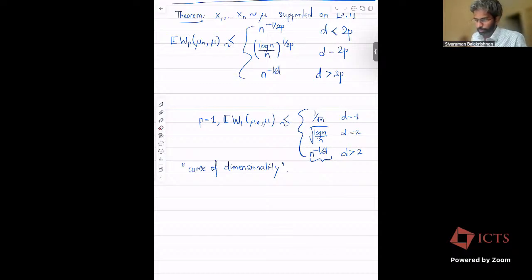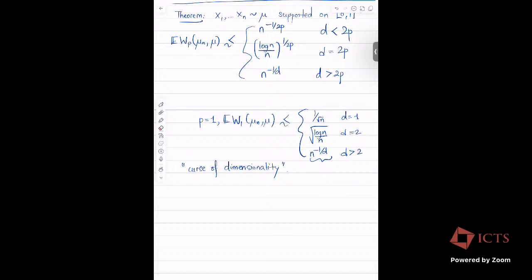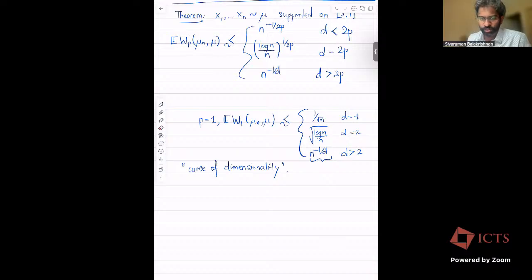Okay, so let me pause here for 1 second, see if anyone has questions. I have a question. So if mu were not compactly supported, is it still not a consistent estimator? Maybe the rates are not this, but is it still consistent? You have to be a bit careful. So if you assume some kind of moment conditions on mu, then yes, it will be a consistent estimator.